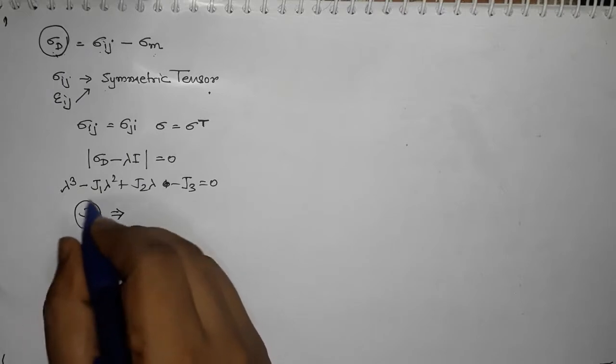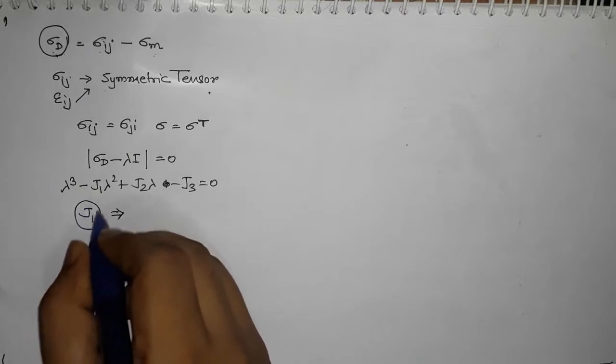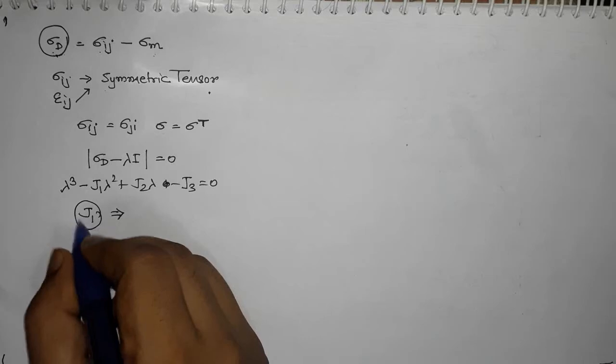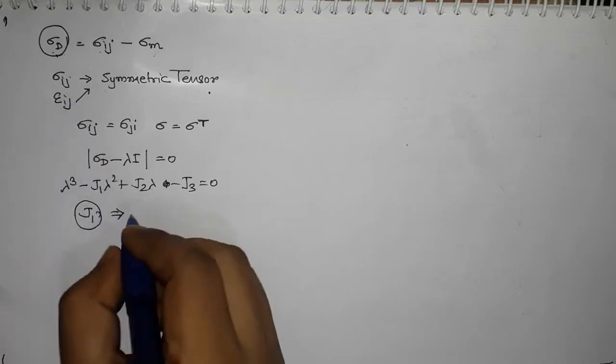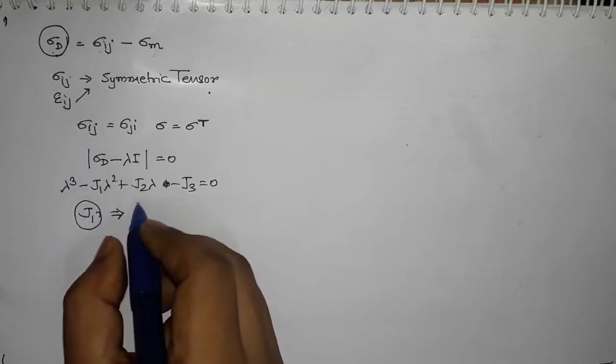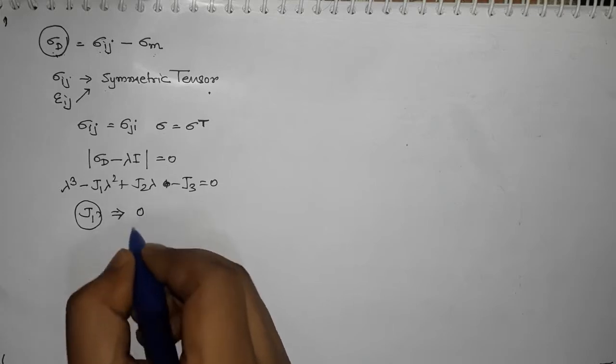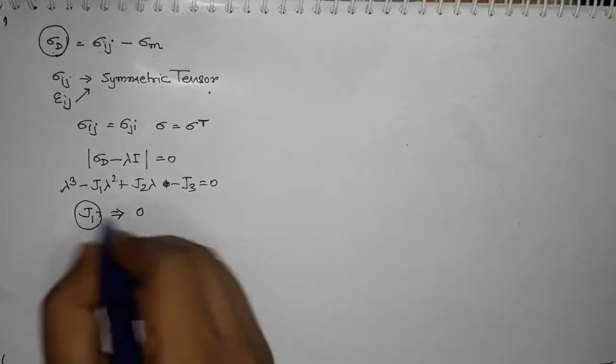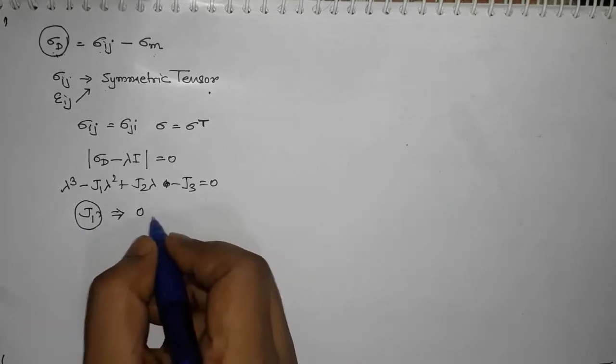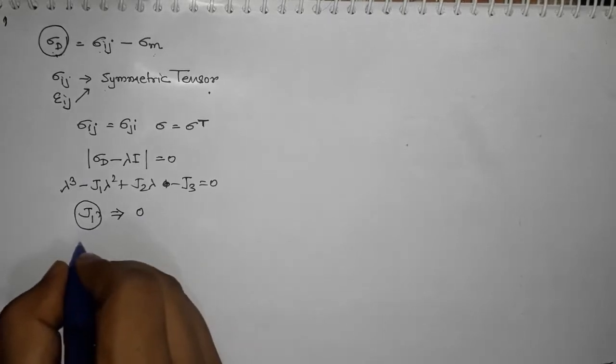You tried by calculating the first invariant of this tensor, and you know, because you did it, that it was 0, right? So J1 is invariant and the value is 0.